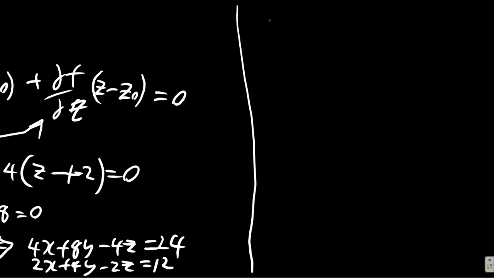Now, you will generally see the equation for the normal line as x equal to x0 plus t times delta f by delta x.